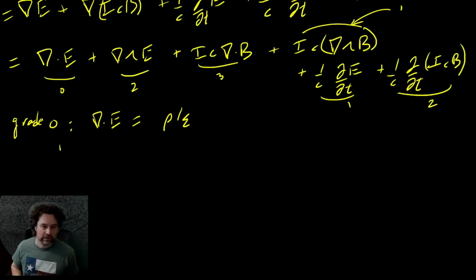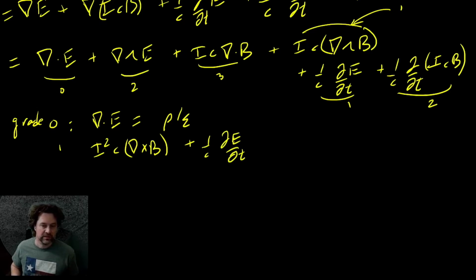And grade 1, we have IC times grad wedge B. So that is I squared times C times grad cross B. And we have plus 1 over C dE/dt. This equals minus eta J.